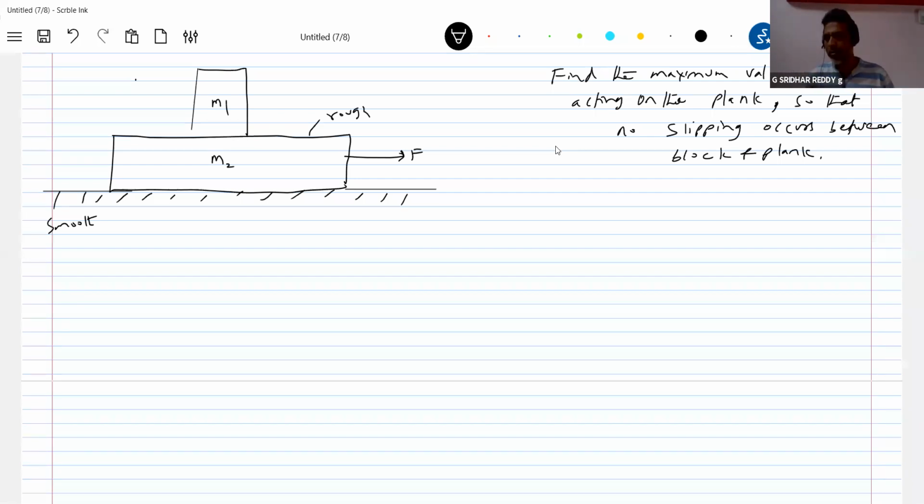Okay, try to see this. Is it visible? I'm keeping something like this here. What do I mean by plank? The blue color notebook that you can see is the plank, and there's a block.